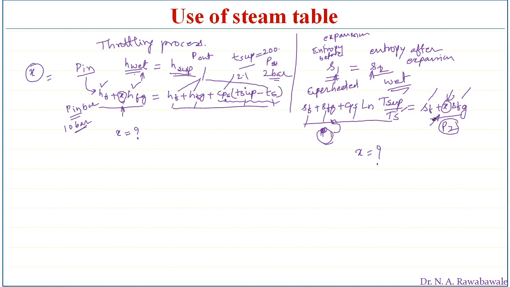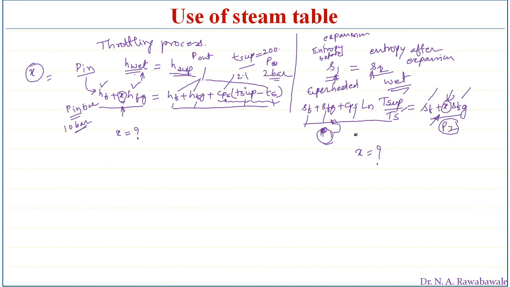So this is how we use the steam table, and by using the steam table we find out enthalpy, entropy, specific volume, and density of steam. If we know properties of steam before throttling and after throttling, we can find out quality of steam before or after throttling.